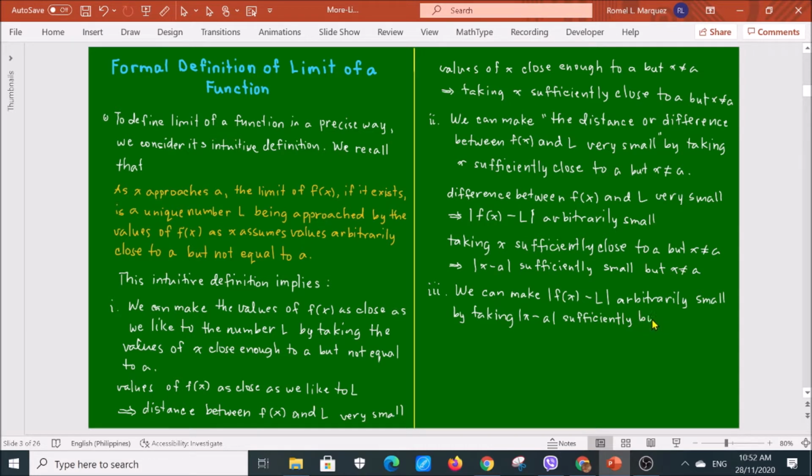But of course, remember, x is not equal to a.